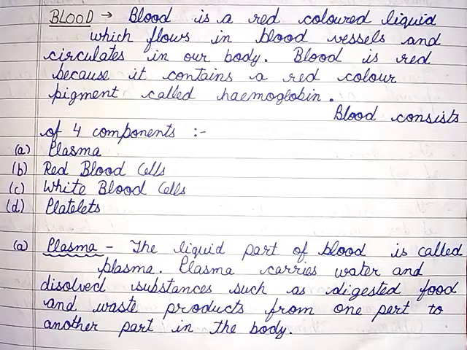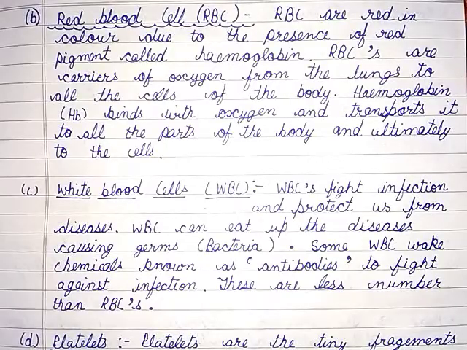Plasma. The liquid part of blood is called plasma. Plasma carries water and dissolved substances such as digested food and waste products from one part to another part in the body. RBCs or red blood cells.